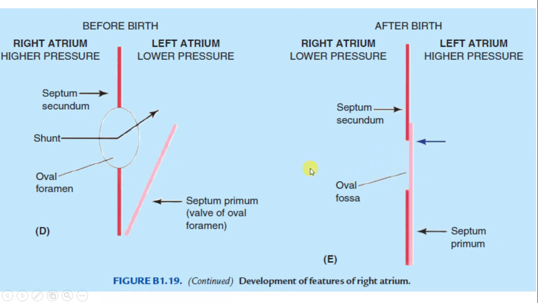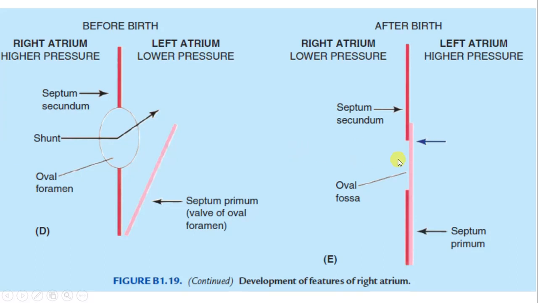And when we were studying the structure of the heart, we saw during the internal structure of the right atrium that there is left only a fossa which is named the oval fossa, fossa ovalis, which is a remnant of the foramen ovale.